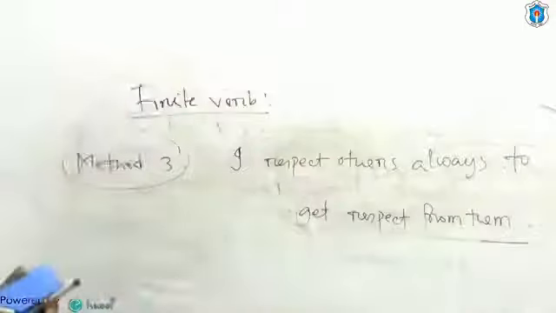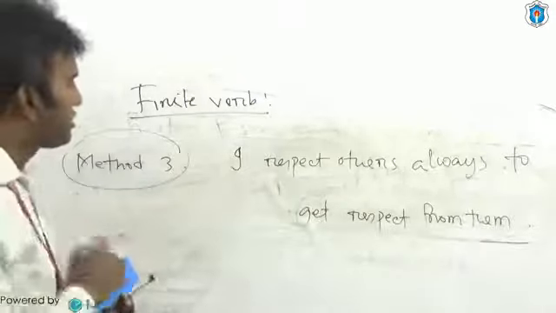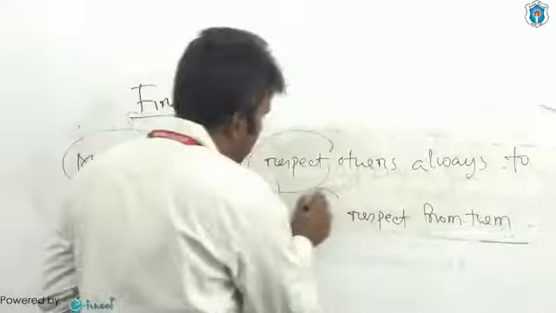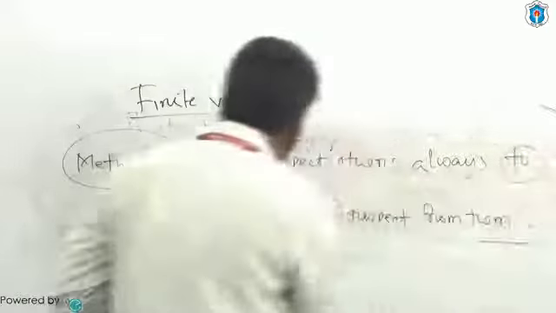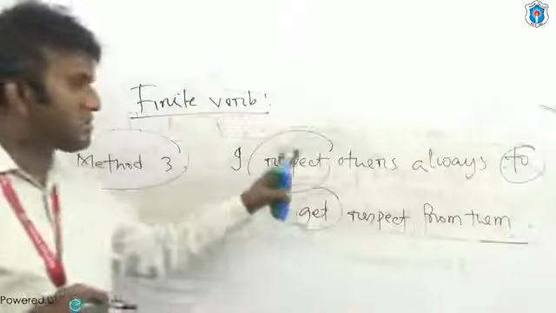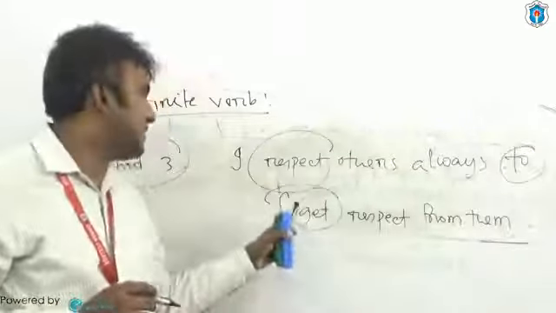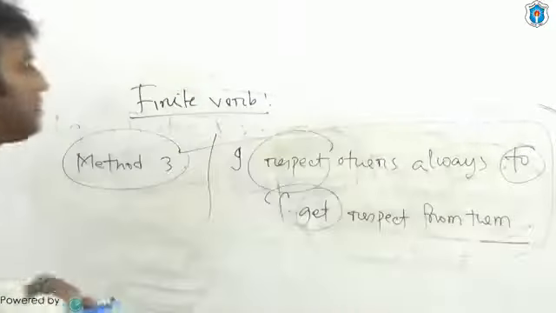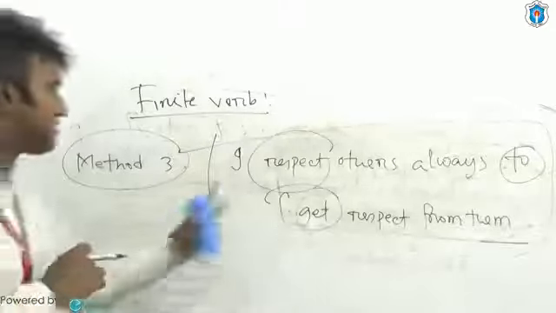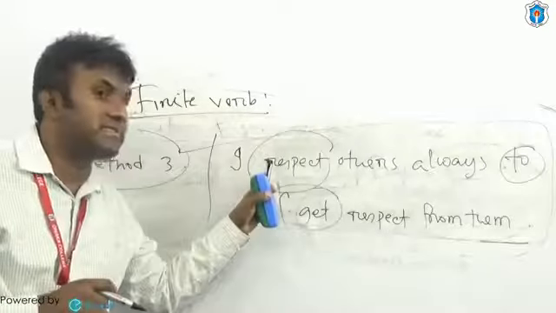In this sentence we have got one and two verbs. The first one is respect and the second one is to get. And you know that this is an example of simple present tense. That is, this is an example of present indefinite tense.